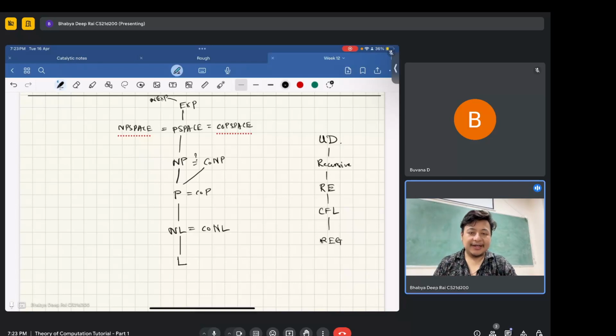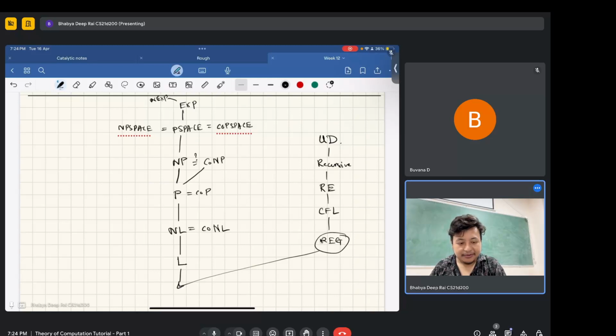So this is a diagram which will help in remembering the previous matter. In complexity theory, this diagram is very important, and these are actually interrelated. For example, you can place regular inside L, and you can place CFL inside NL, and so on.